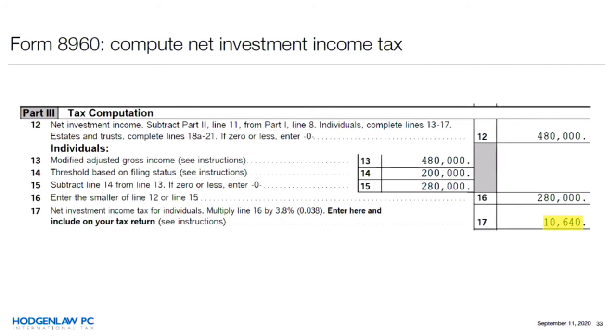So that's why we have a $480,000 dividend. You do the math on lines 13, 14, 15, 16, and then calculate the tax on line 17. And that goes over to the Form 1040. So relatively simple, a little hidden thing, but you can see it's money, unavoidable, so you don't cry too much.